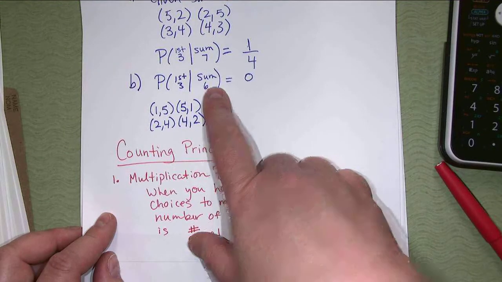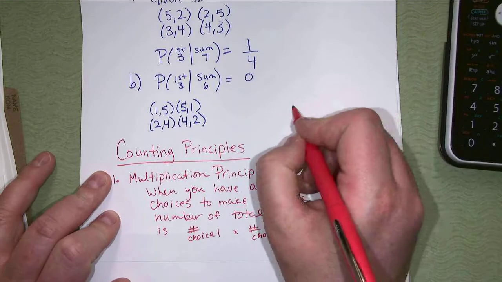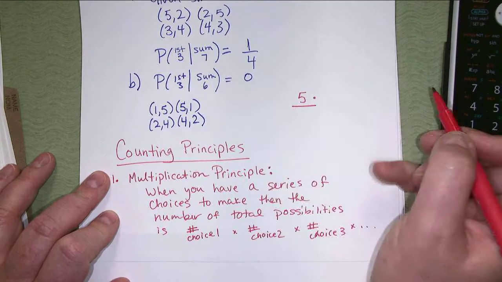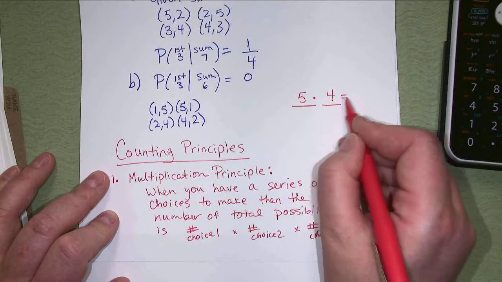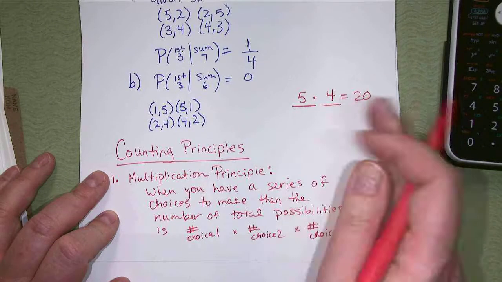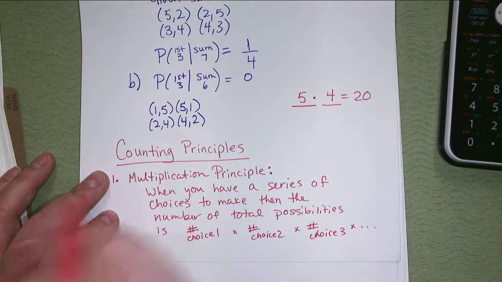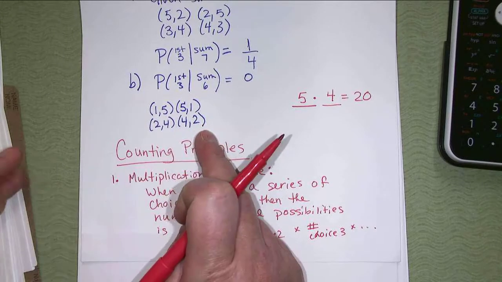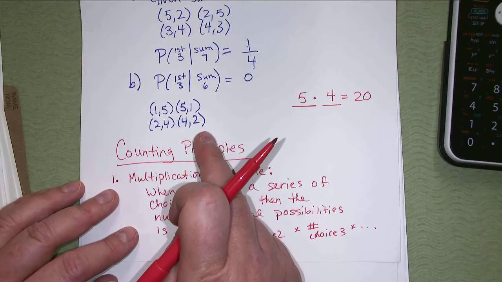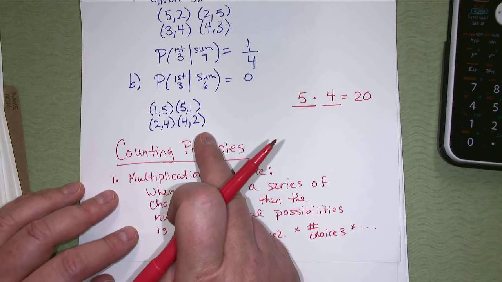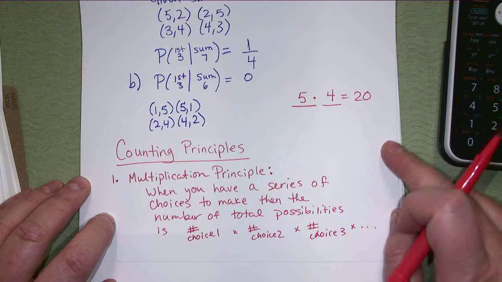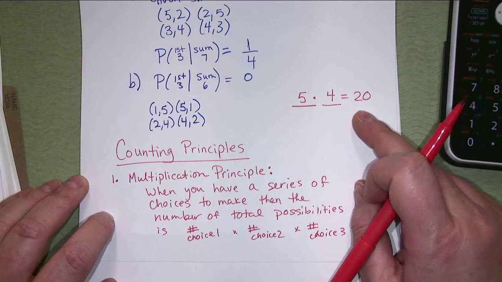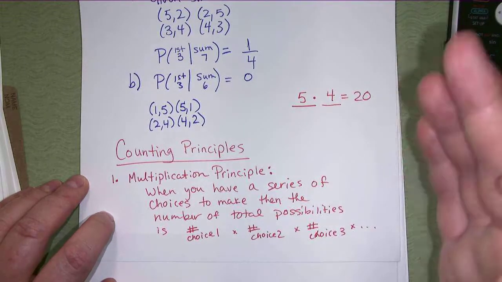Or we could say, well, there's 5 pieces of paper, there's 5 choices for the first draw, and then we reach in and there's 4 choices for the second draw, so all together there's 20 different ways. The one with the 2, the one with the 3, the one with the 4, the one with the 5, the 2 with the 3, the 2 with the 4, the 2 with the 5, right? If you listed them all, you'd get 20, okay? So that's the multiplication principle.